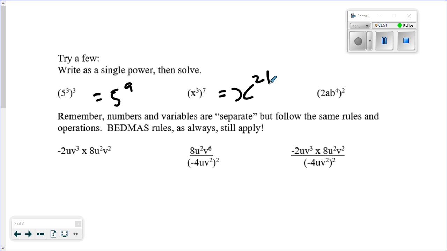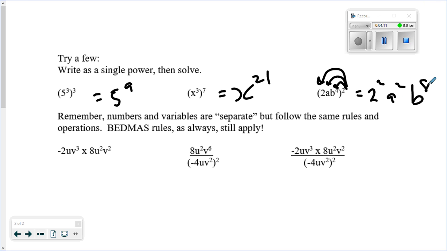Now, the last one's a little tricky. Because really what we're doing is we're taking everything to the power of 2. So it ends up working out to 2 to the power of 2, a to the power of 2, and b to the power of 8.